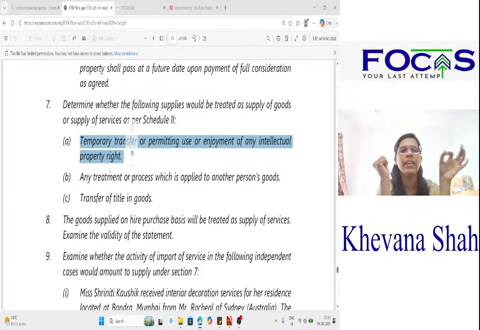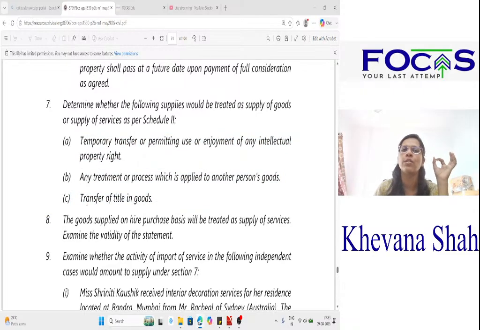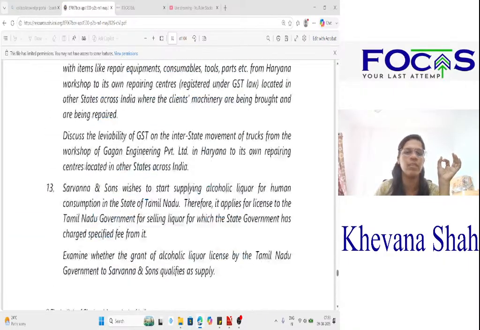Then any treatment or process which is applied to another person's goods will again be supply of services, because you are not actually transferring the title of the goods. You are only making some additions to the goods, treating the goods, or applying certain processing on the goods, which is a supply of services. Then transfer of title in goods. Whenever you have a case of transfer of title in goods, that is always goods.